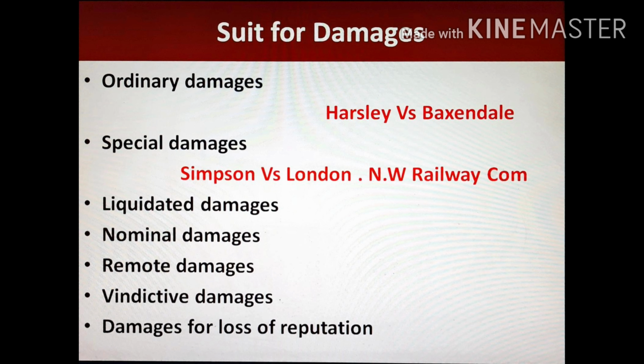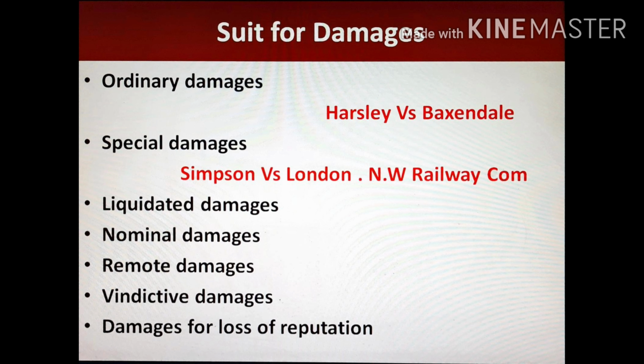For example, one newspaper has published a wrong news against me. I prove in the court that it is a wrong news. Then I file a defamation suit against that newspaper agency. I may claim 20 crore rupees is the damage I sustained. So that is my discretion. I can claim any amount, but the court will decide how much to grant as compensation. So damages for loss of reputation will be huge in terms of compensation that the aggrieved party can claim.